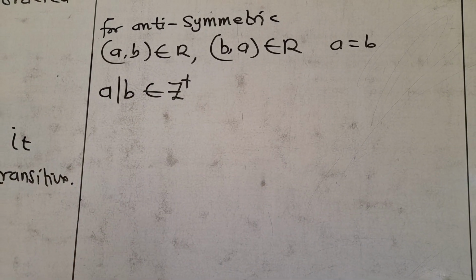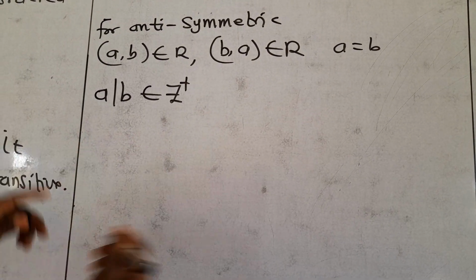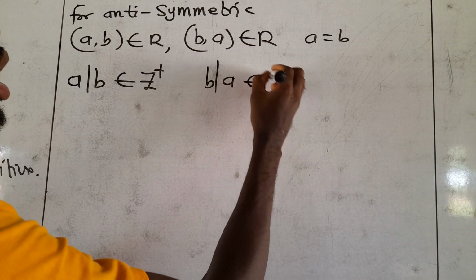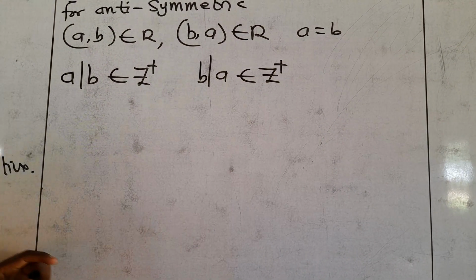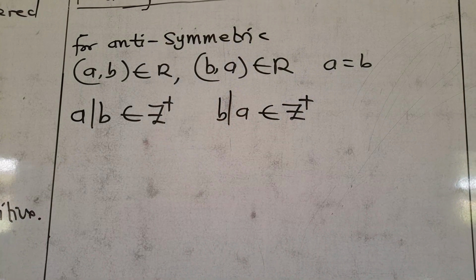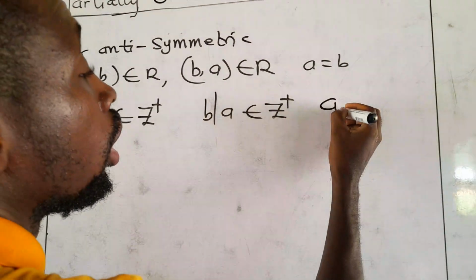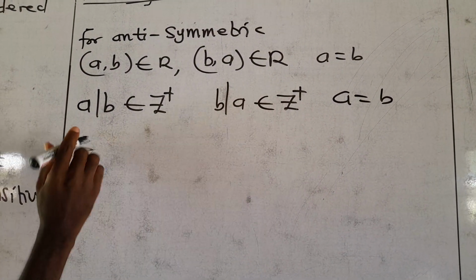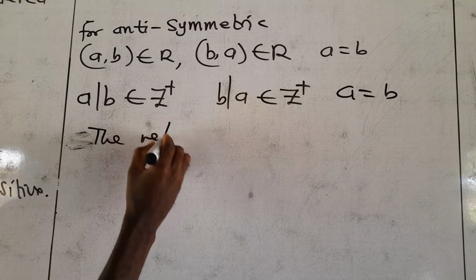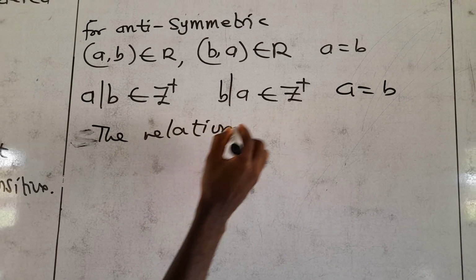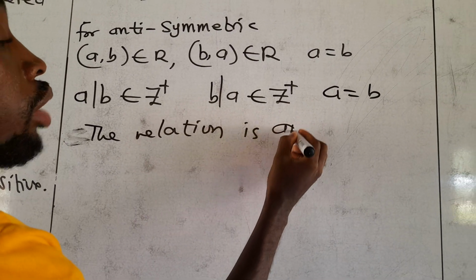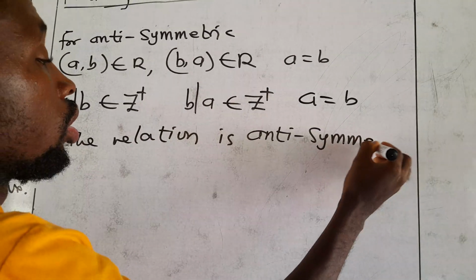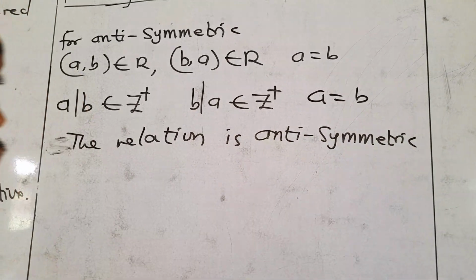When we alternate it and they divide each other again, it is a positive integer. So we can therefore conclude that A is equal to B. So our relation is antisymmetric. I hope you get that.